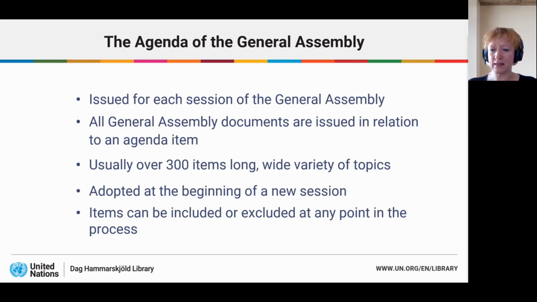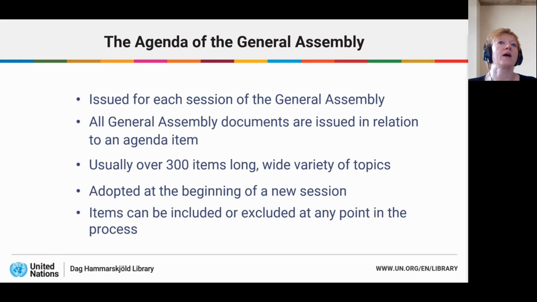As I said in the beginning, the agenda is a very central document because everything the General Assembly does is based on the agenda. So the agenda is issued for each session. It's usually over 300 items long and covers a wide variety of topics.